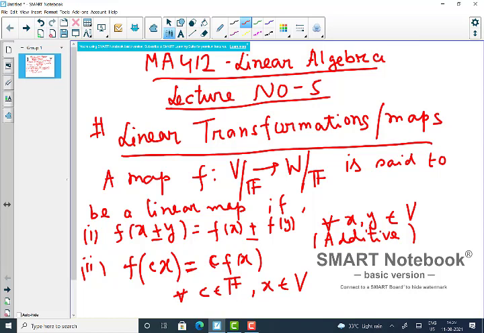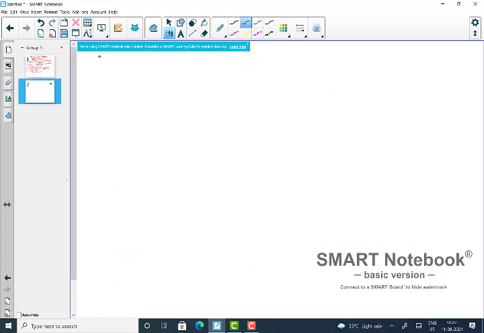Okay, so obviously there are so many properties. Maybe we can start with some examples first. So examples. The very basic example.